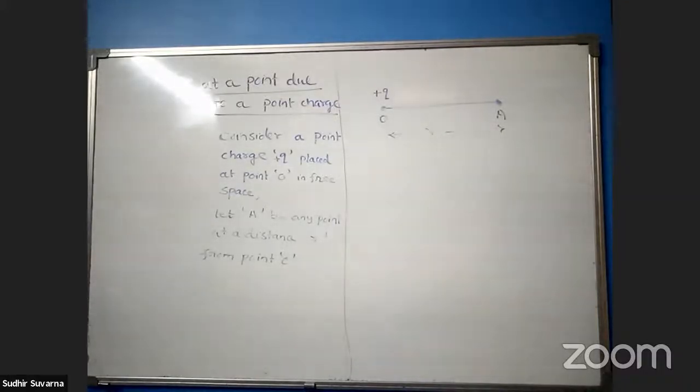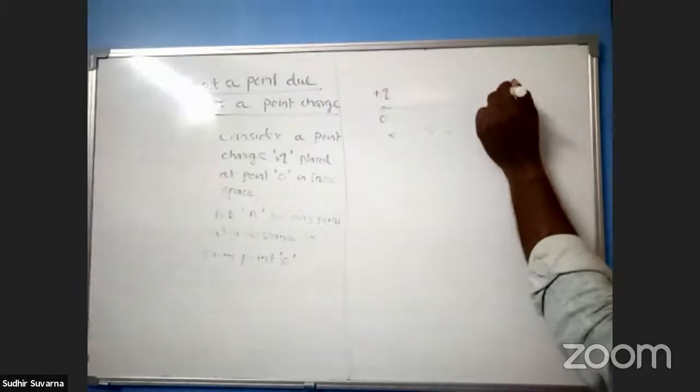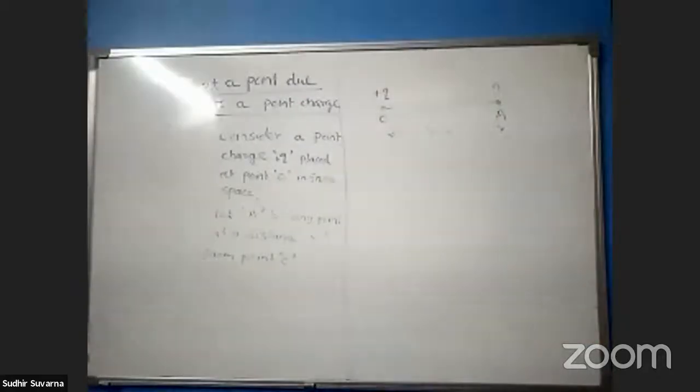You need to place a unit positive charge, right? Because electric intensity is the force experienced by a unit positive charge. So to find electric intensity at point A, you will place a unit positive charge, let it be Q0. Right? Yes, sir.